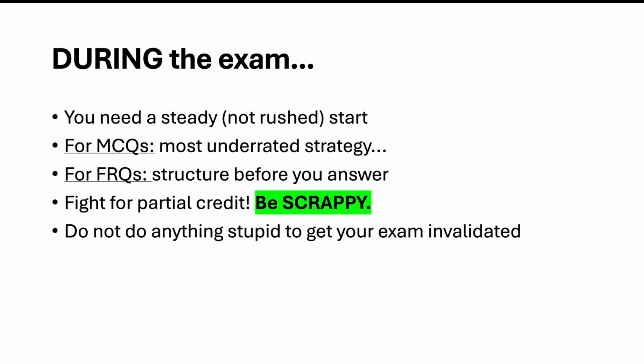What you'll find is that the answer you pick is likely to be more specific and comprehensive, and therefore the best possible answer. Now, for questions that are asking for a specific value, formula, or exact result, it's a good idea to plug and chug or use dummy test cases, and of course, be scrappy. Do everything you can for partial credit and don't give up completely on any singular question.